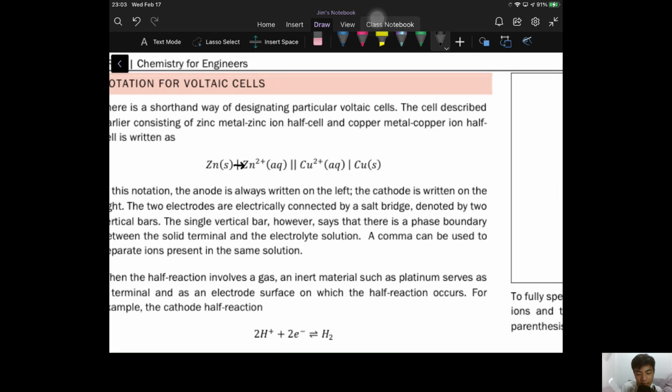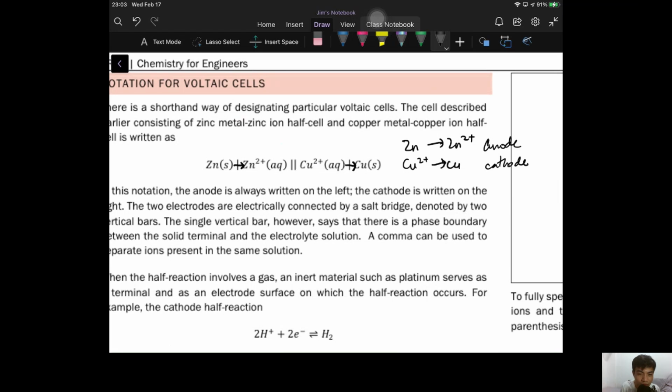Yung mga single line, gawin nyo siyang arrow. That means you have zinc going to zinc 2+, and then you have copper 2+ going to copper. Then you combine those now. Ito na yung anode half equation, ito na yung cathode half equation. Pag-combine mo na lang sila.